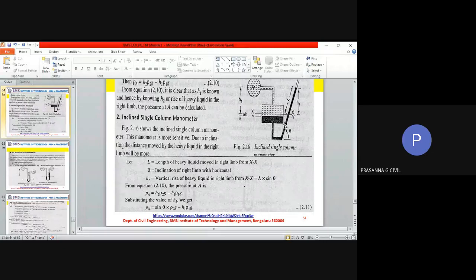So because of that, even if there is a small drop of head here, there will be a considerable gain in the height in the other limb. One is perfectly vertical and the other is inclined. The inclined distance you are writing, the vertical distance you are writing in terms of the inclination. That's all here. So now we will come back to numericals.